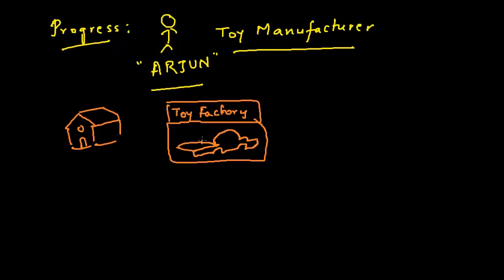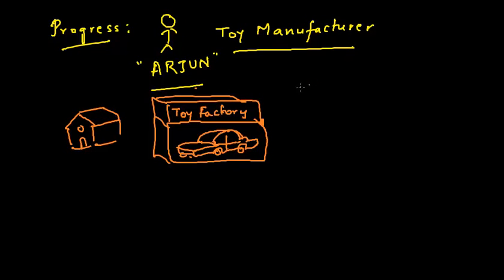Okay, now these are my toy cars, something which a boy or a student won't buy. But let's see. Arjun makes these toy cars, and how will he see his progress?